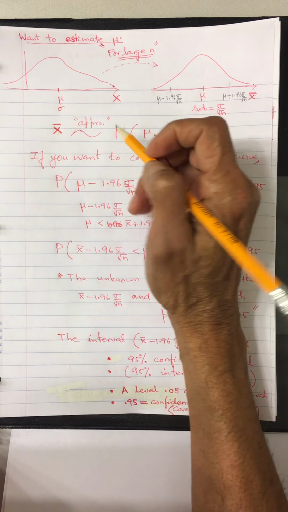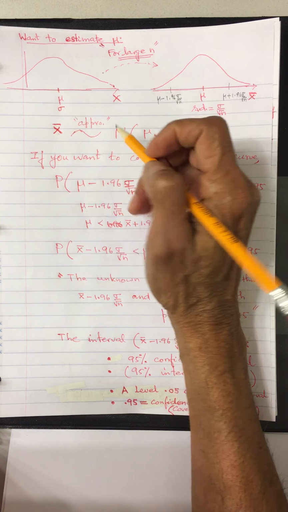a normal curve. Or else, if the population is a normal curve, then x bar is going to be normal as well for any n. So in other words, x bar will follow this normal curve. From the normal curve, we already know that if I want to cover 95% of this curve, all I need to look at is within 1.96 standard deviations of the mean.